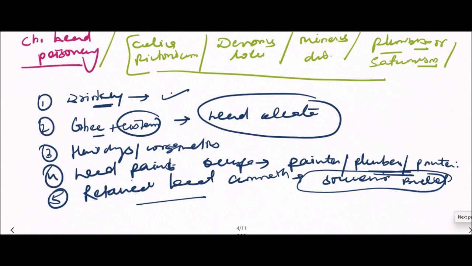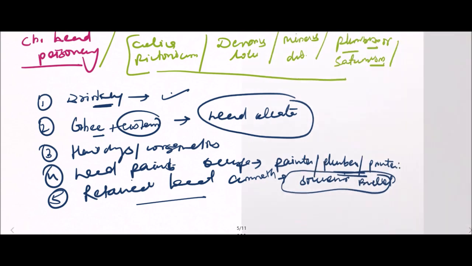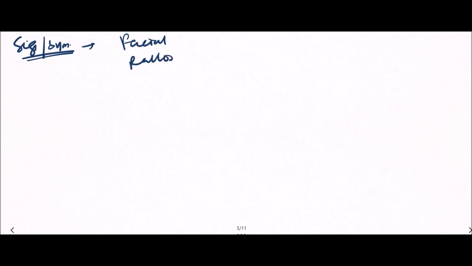Now, signs and symptoms of chronic lead poisoning. The first sign is facial pallor.